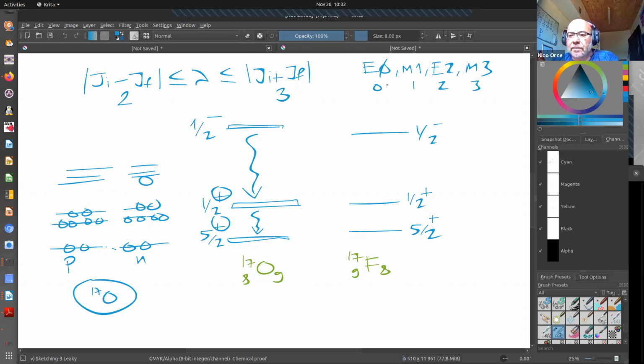As I say, according to the Taylor expansion, once we have an electric, the magnetic doesn't come out. So basically this transition is between 2 and 3, so it doesn't reach the 1 or the 0. It's not M1. Whenever you have an E2, M3, then M3 is much weaker. So it's only E2 that remains. So this transition is an E2 radiation.